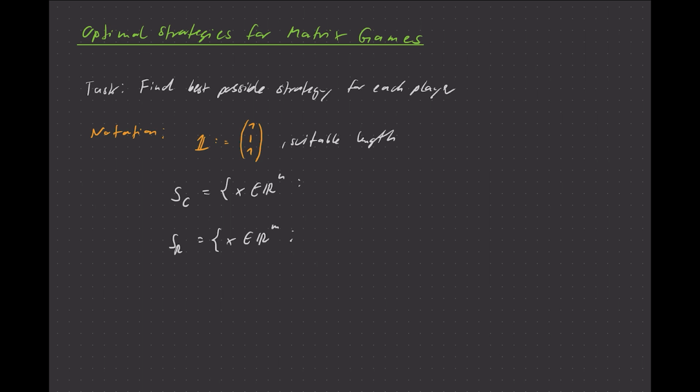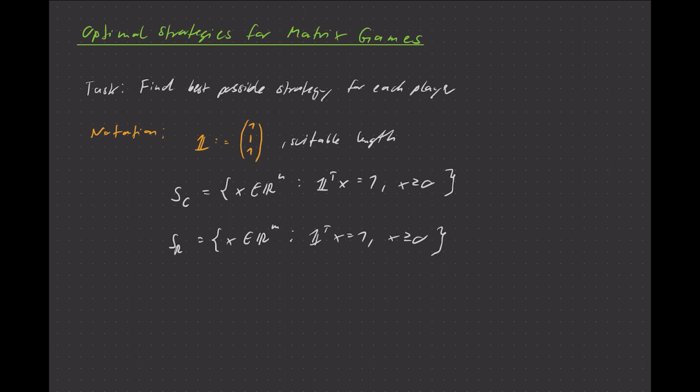And the condition on those vectors is that all entries are between 0 and 1, and the sum of all entries is equal to 1. And we can express this sum is equal to 1 nicely by saying the matrix product of this all ones vector and the vector x is equal to 1. And then, of course, we also want that all entries are non-negative.